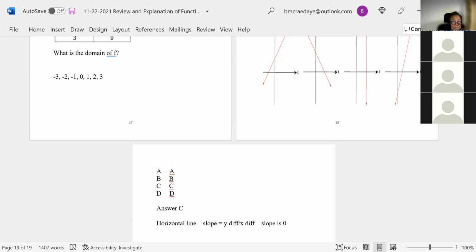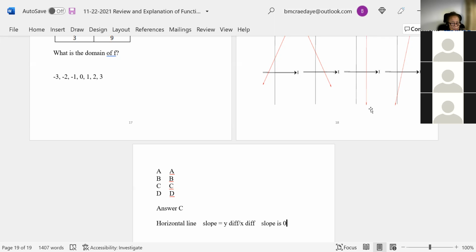So for a horizontal line, your slope is 0. For a vertical line, your slope is undefined because you're trying to divide by 0. And that does not represent a function when you have your values all the same for the X with different Y's. That's not a function.